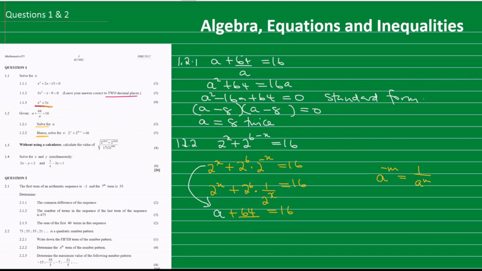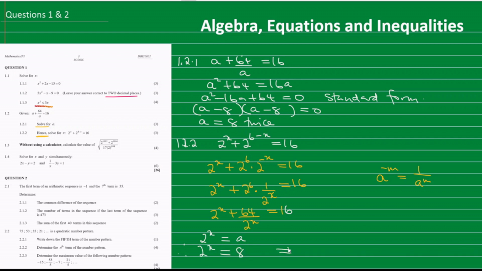Okay, so now let us say 2 to the power x plus 64 over this one is equal to 16, so it means that 2 to the power a is taking the place of a. So we're going to say 2 to the power x is equal to a. But we've got our a already as 8, so therefore 2 to the power x is equal to 8.